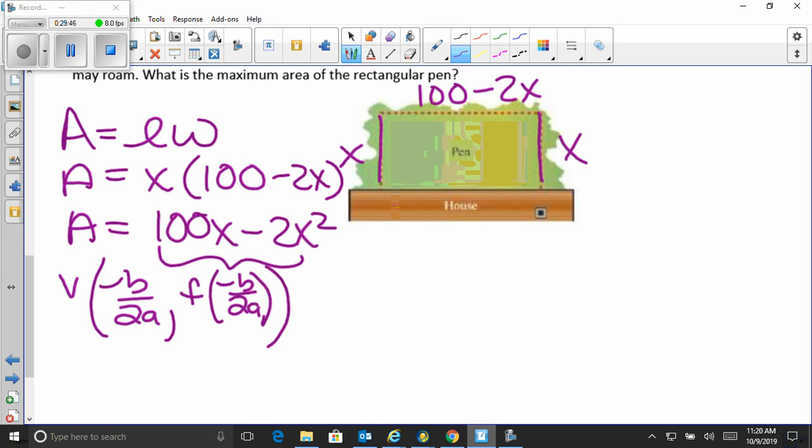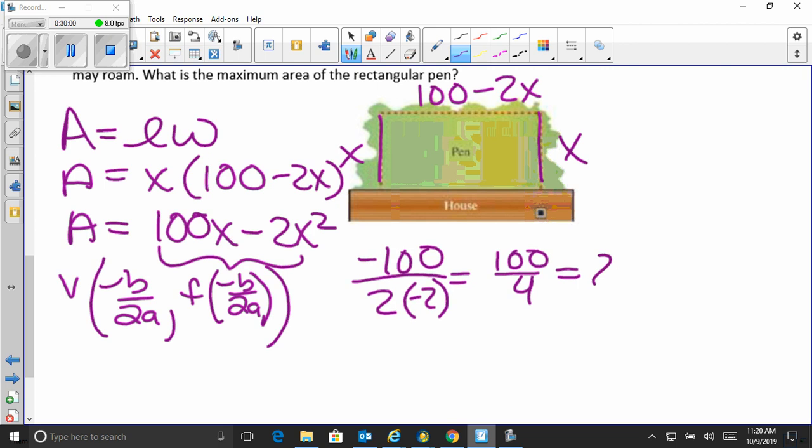So -b, so that is -100 divided by 2 times a, which is -2. So that is 100 divided by 4, which is 25. So that's our x, or will be our h on the picture. And then to find our y or our k, we would plug that in.